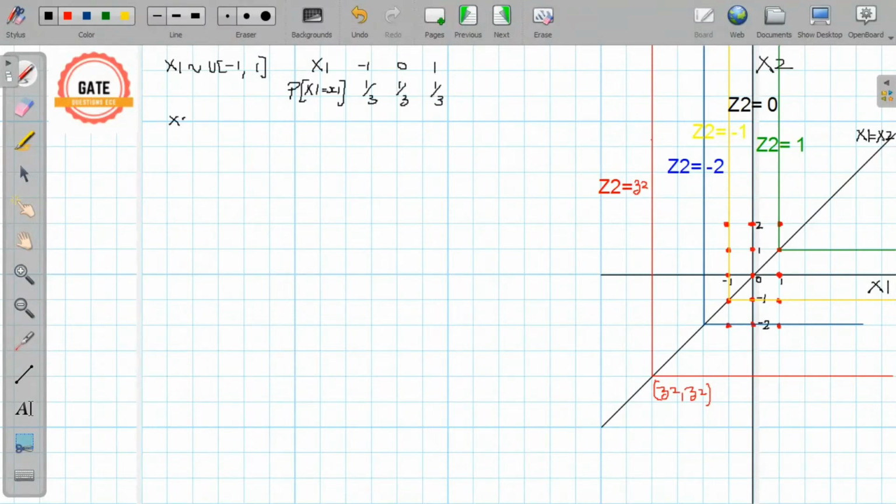Similarly, x2 is uniformly distributed over -2 to 2. So x2 can take 5 values: -2, -1, 0, 1 and 2, and the probability that capital X2 is equal to sample value small x2 will be 1 by 5 for all of these 5 cases.